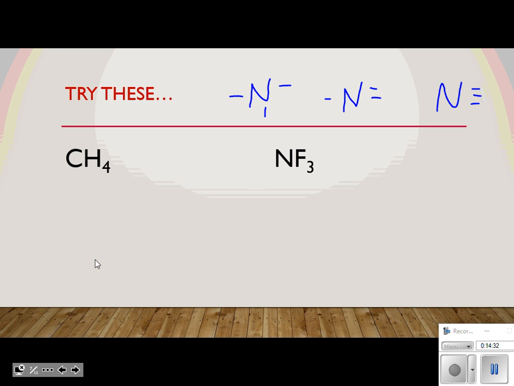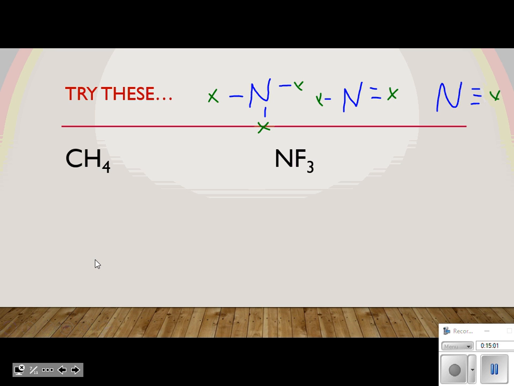Which one of those 3 do you think makes the most sense, knowing that you have 3 fluorines? Absolutely. The first one, because I've got a spot, 1, 2, 3 things there. If it were this one, there'd be 1, 2, and this one would only be 1. So really the only one I can bond on here is the first one.